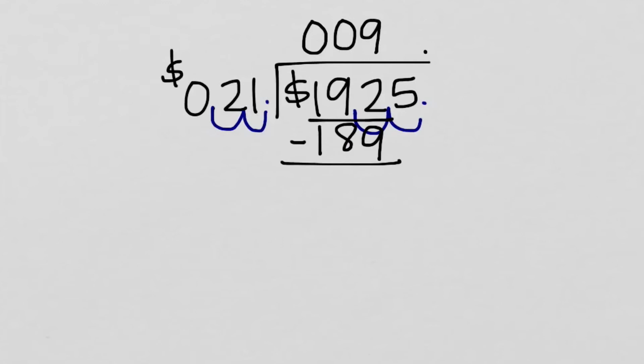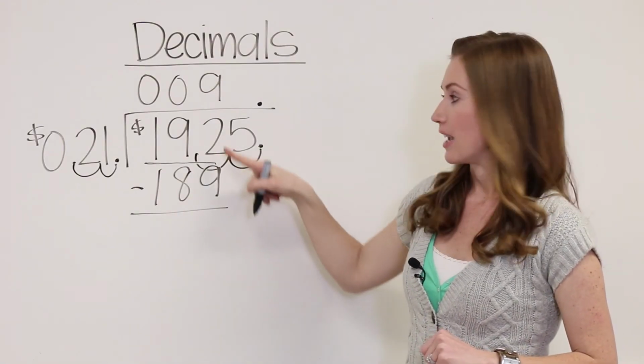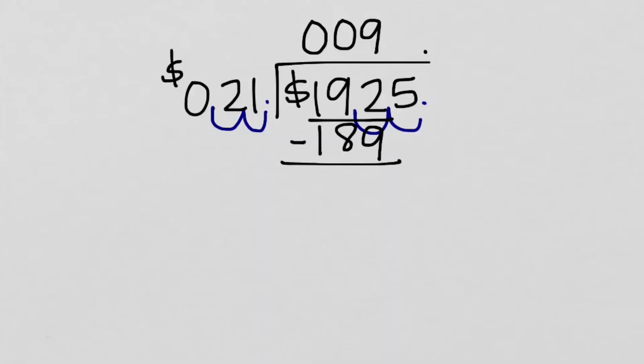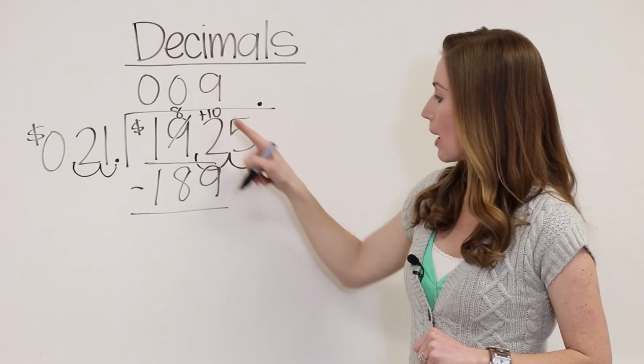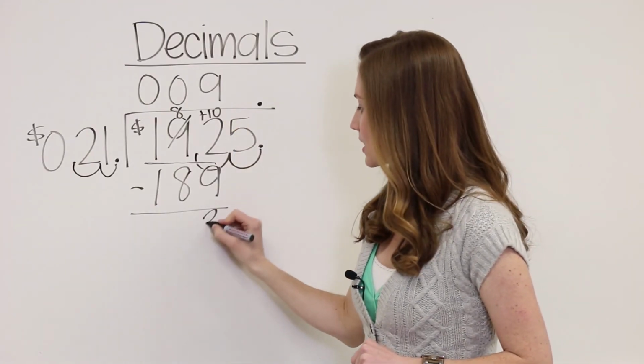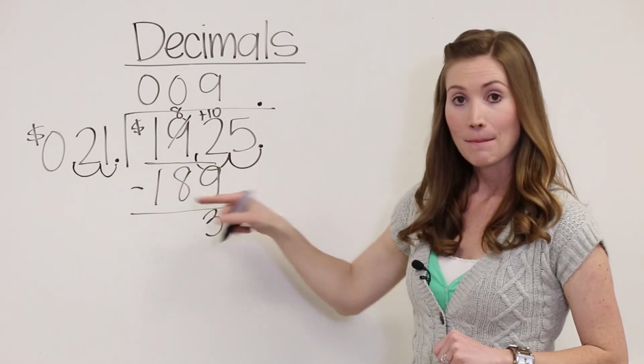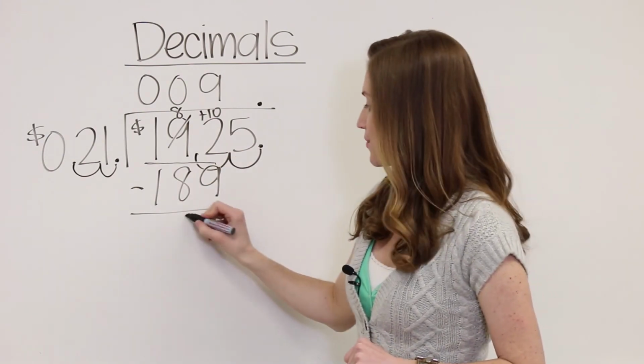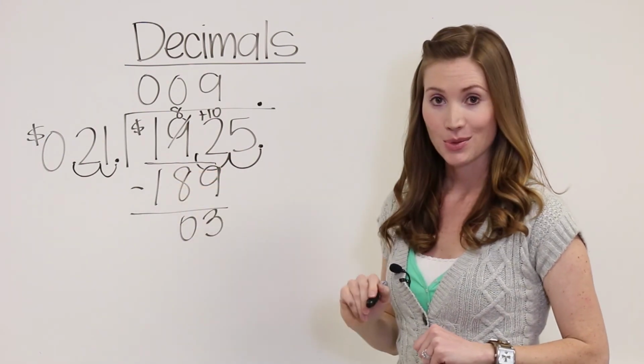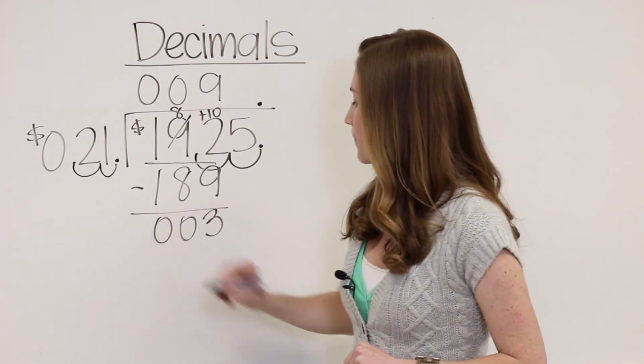Let's subtract. We can't subtract 9 from 2, so we're going to borrow from the other 9. It will become an 8, and we'll add 10 to our 2. 12 minus 9 is 3. 8 minus 8 is 0. And 1 minus 1 is 0.